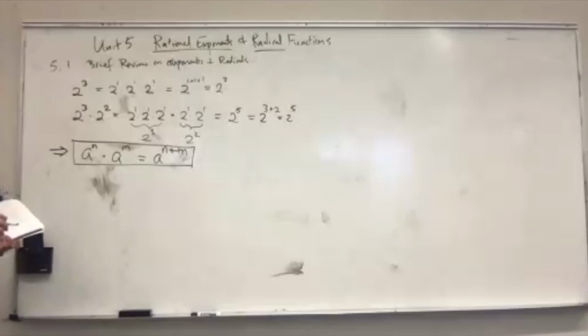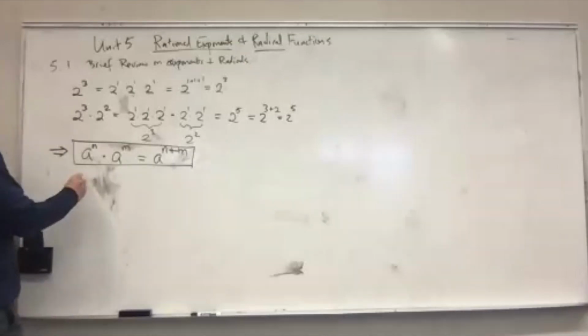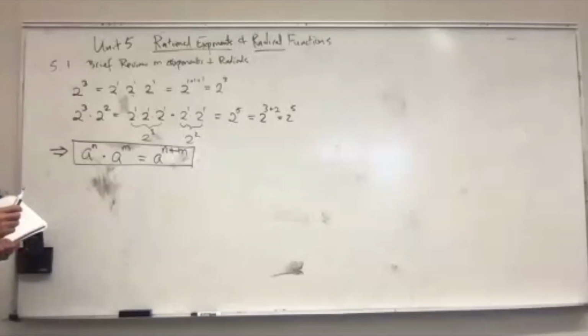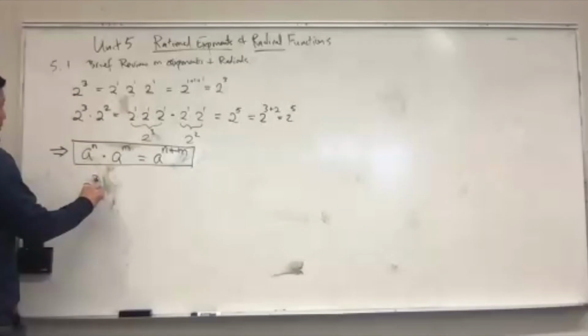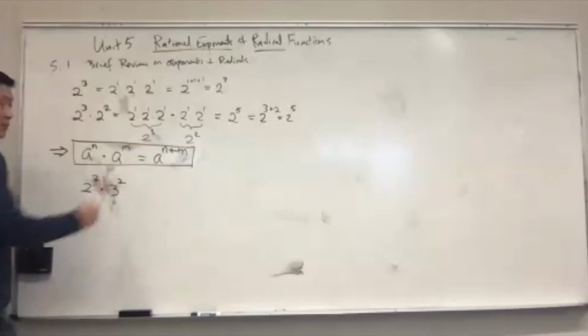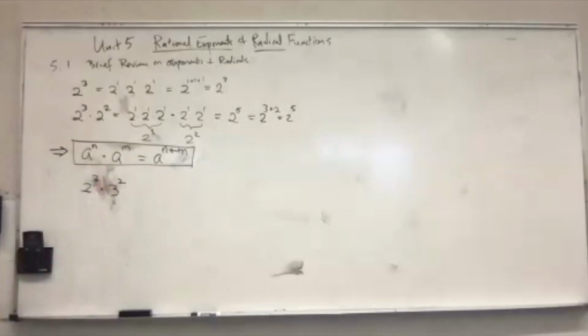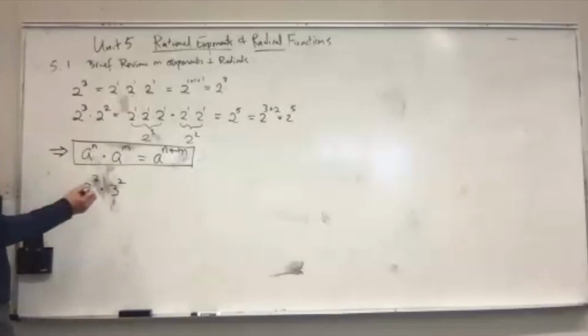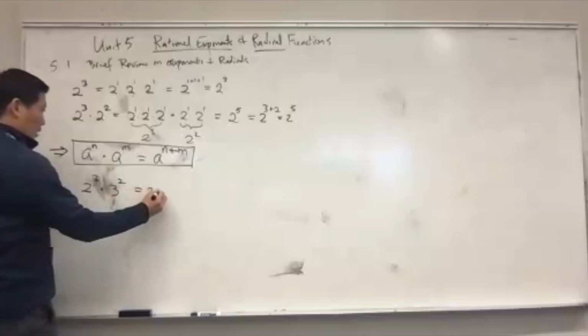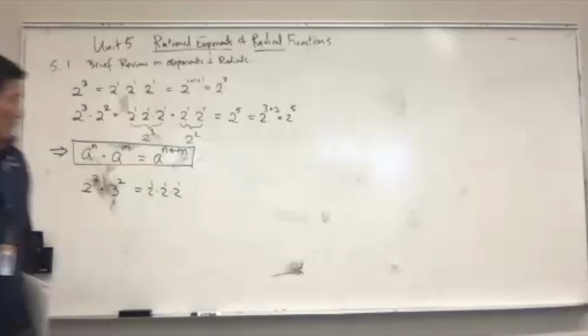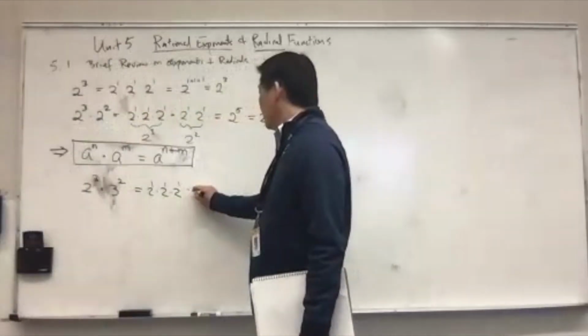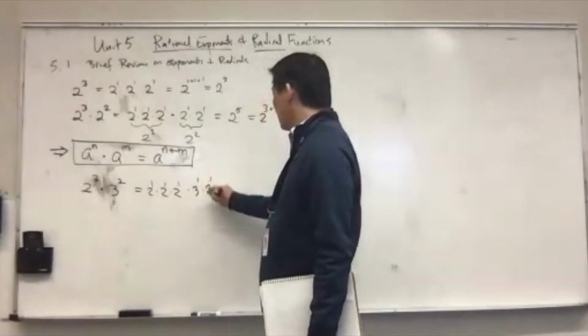Sometimes we get a little bit confused with situations like this. Say, for example, 2 to the third power times 3 squared. Let's think about this. If you have 2 to the third power times 3 squared, you get 2 times 2 times 2, so 2 to the 1 power, 1, 1, and then times 3 times 3, which is 3 to the 1, 1.